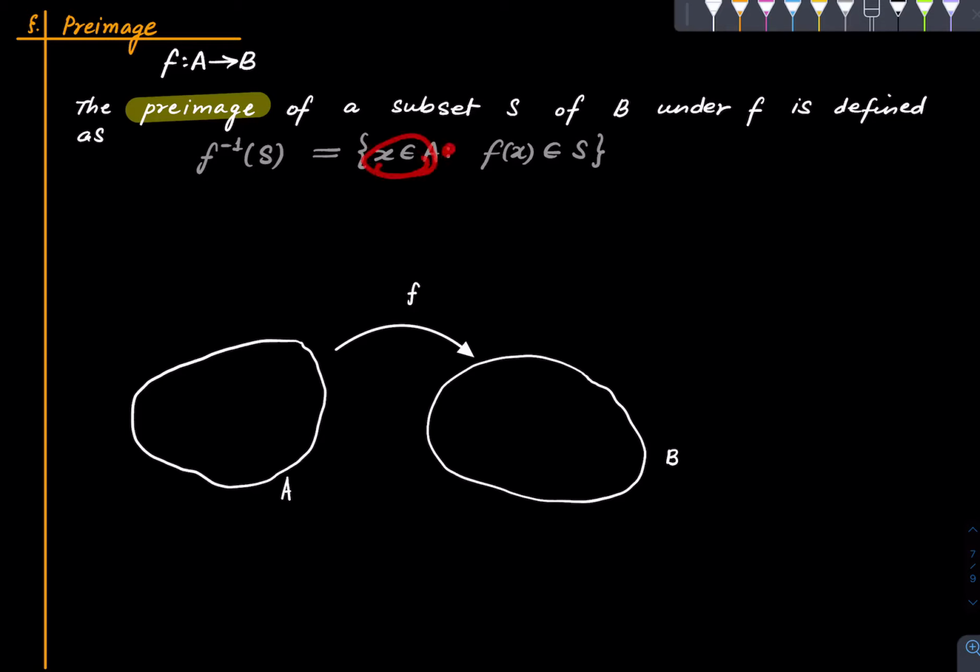Right? All the elements of A such that when you apply f to them, you get something in S. So it's a very natural definition and also a very fitting terminology.